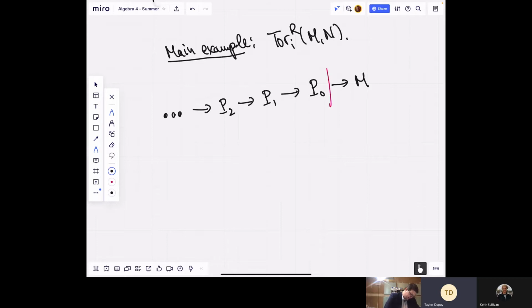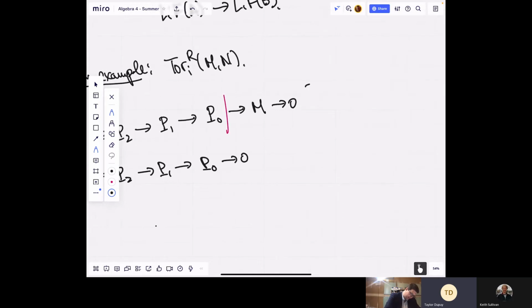A projective resolution means that this is an exact sequence, but we chop it off and we only consider this chain complex now, with 0 at the end. It's no longer exact at this part, and this is only a chain complex after chopping, where the H_0 here is M essentially.